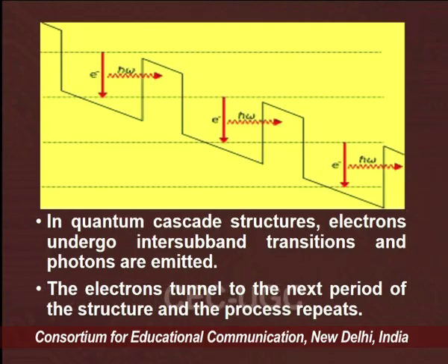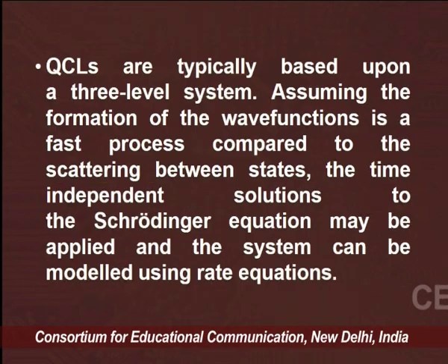So, in the quantum cascade structure, electrons undergo intersubband transitions and photons are emitted within the subbands. Then the electrons tunnel to the next period of the structure and the process repeats. This energy goes to another period, and the process is continuously repeated.